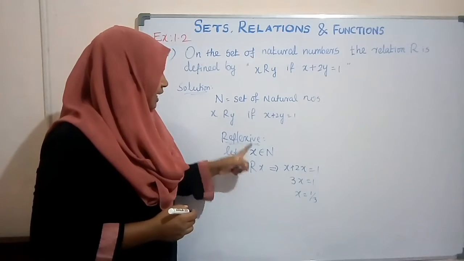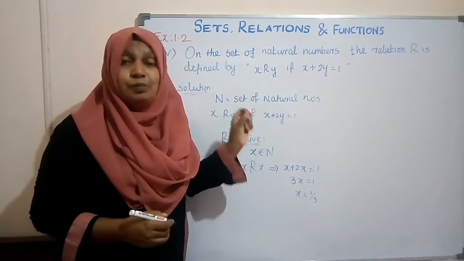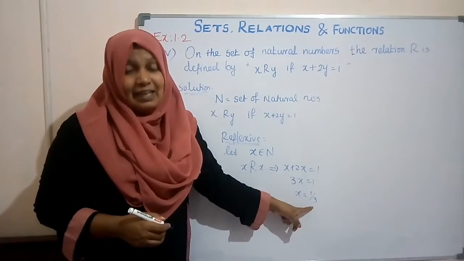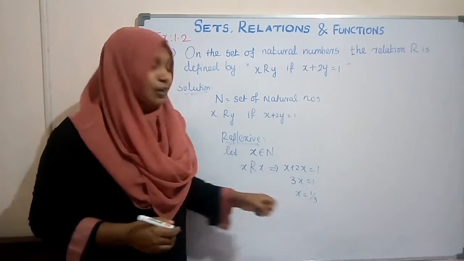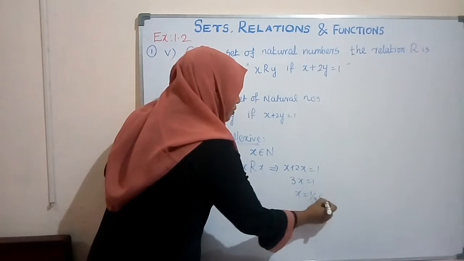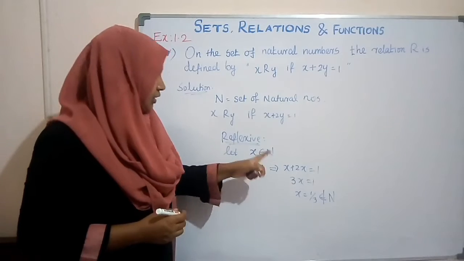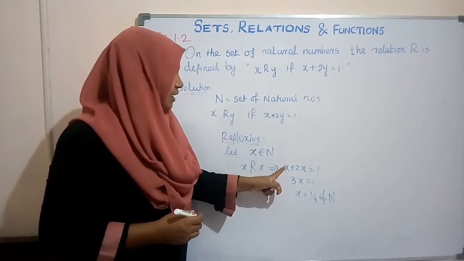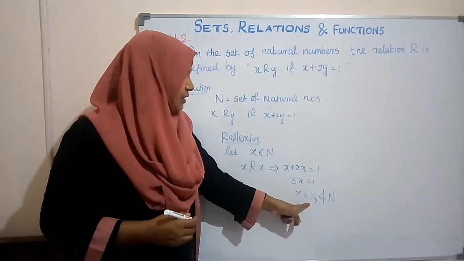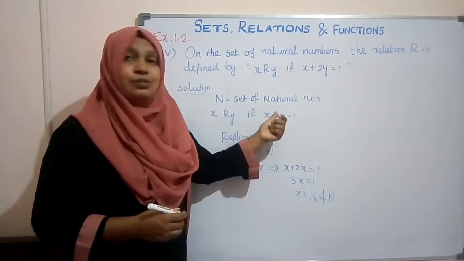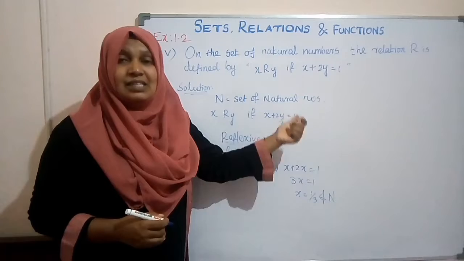See, we said that x belongs to N. That should be a natural number. But we are getting a rational number here. So it is not a natural number. So it does not belong to N. So there is no number like this. x plus x is 1 by 3 means we can't find any x and y to get x plus 2y is 1.